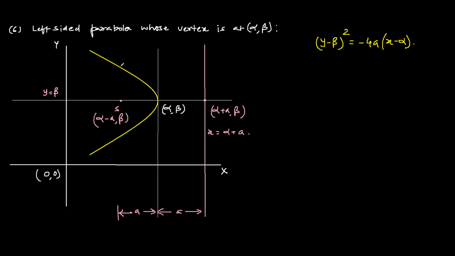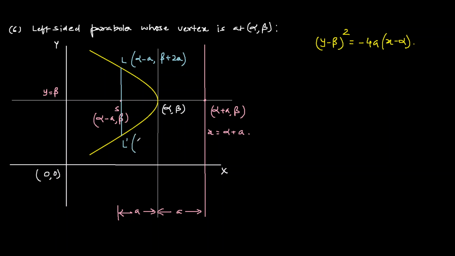And we have a latus rectum, which is a line passing through the focus and perpendicular to the principal axis, and the endpoints of the latus rectum are L and L dash. So the coordinate of L is alpha minus a comma beta plus 2a, because SL is 2a, and SL dash is also 2a.